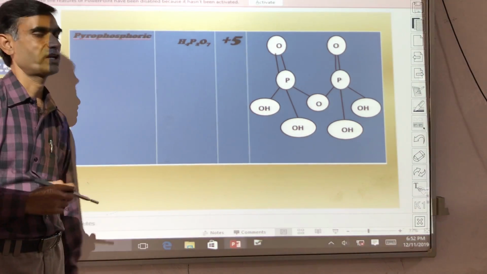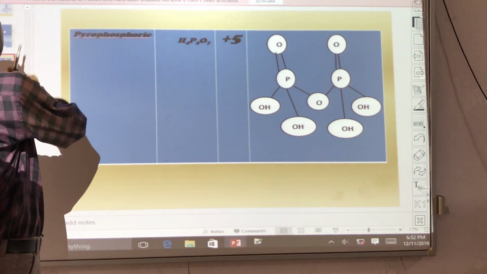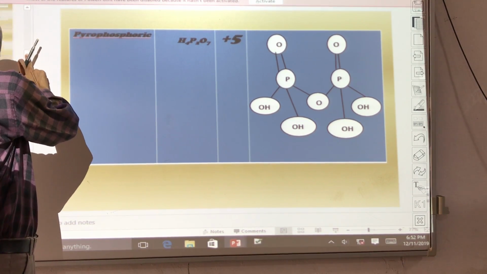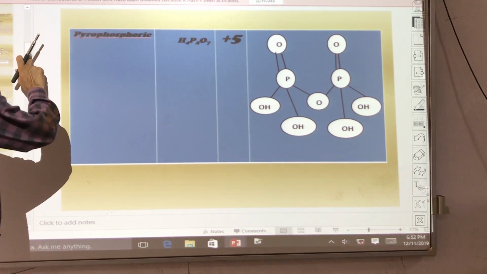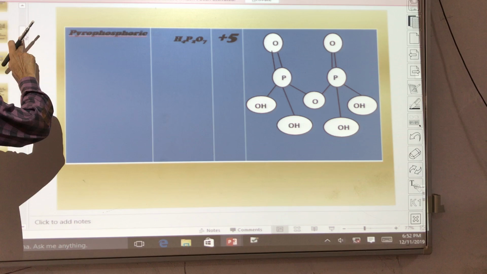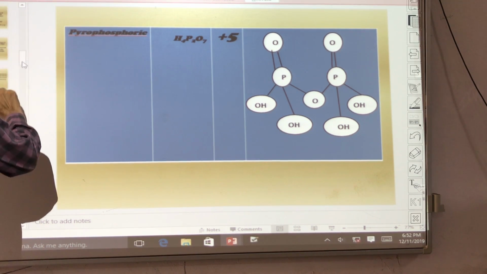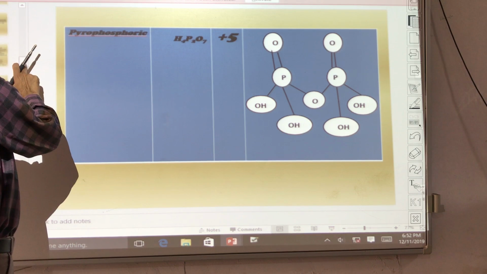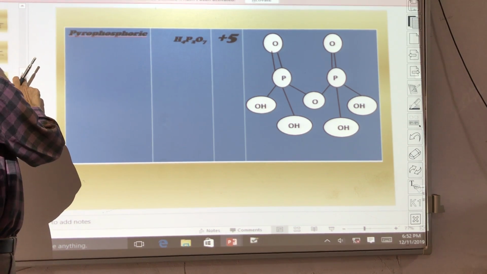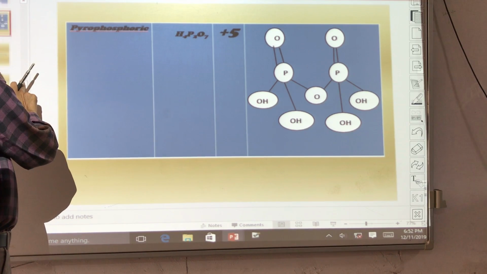Its structure also you can note down, given in your NCERT book.